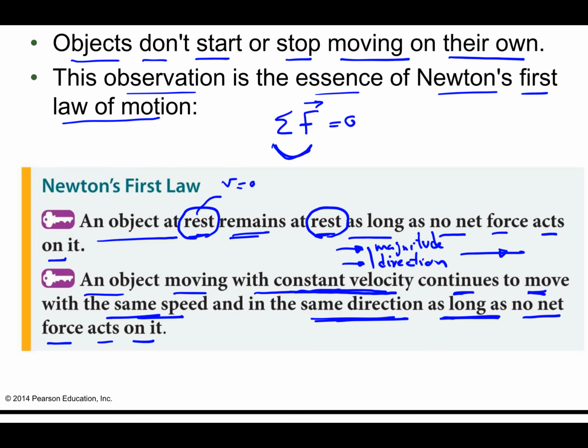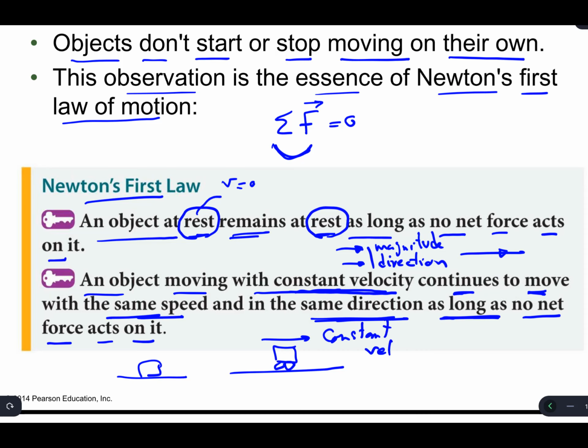So in Newton's first law, we have two cases. The first one, an object at rest will continue at rest as long as no net force acts on it. The second case, an object moving with constant velocity will continue moving with this constant velocity as long as no net force acts on it.